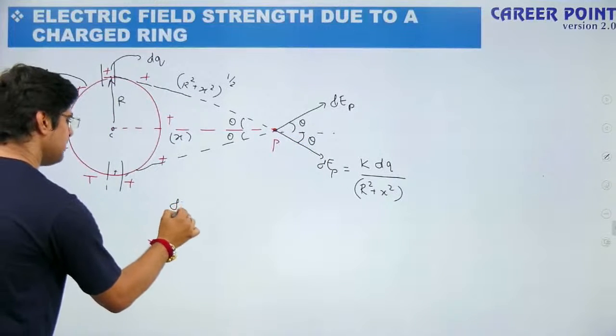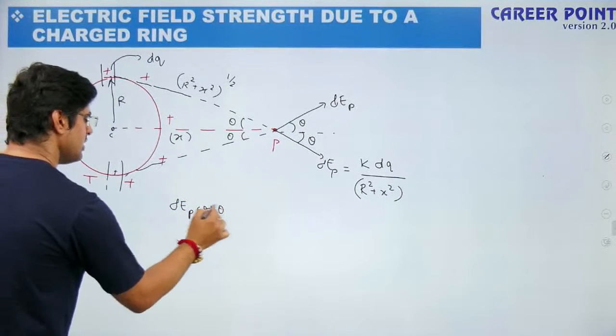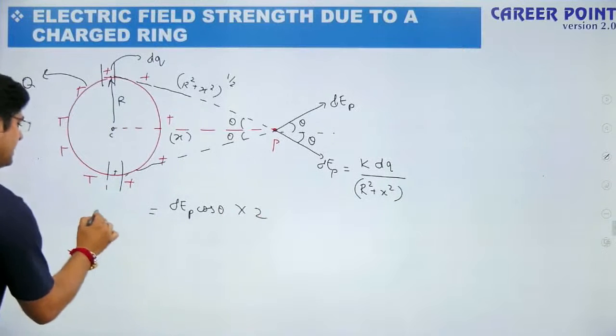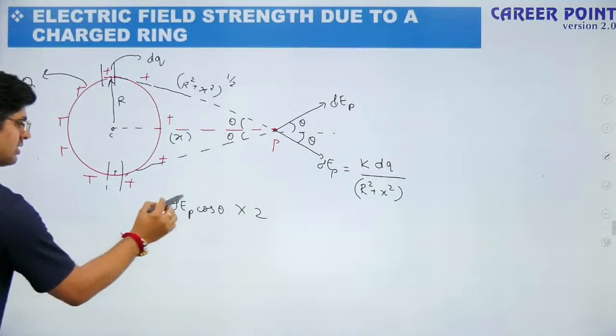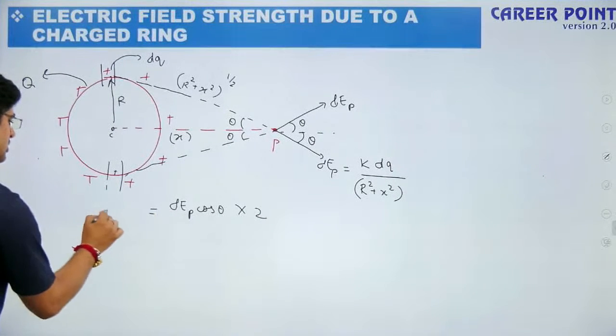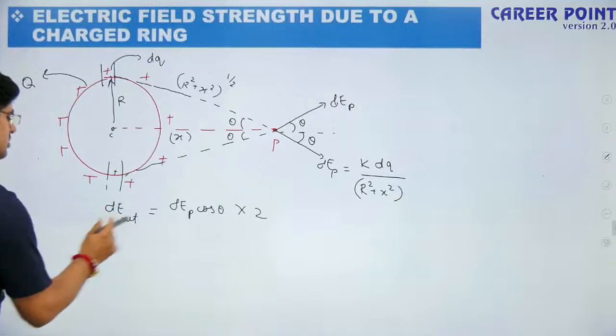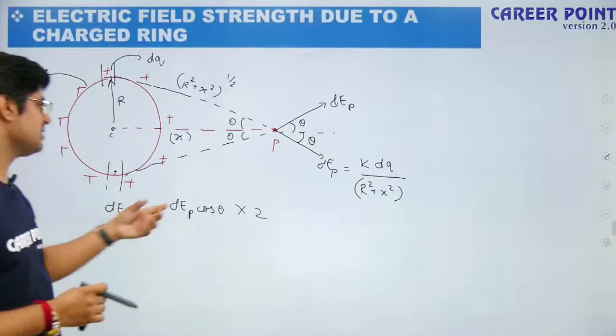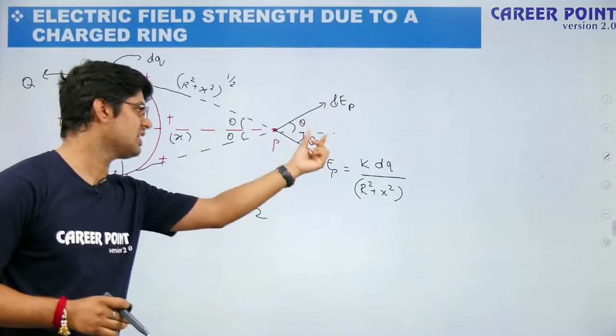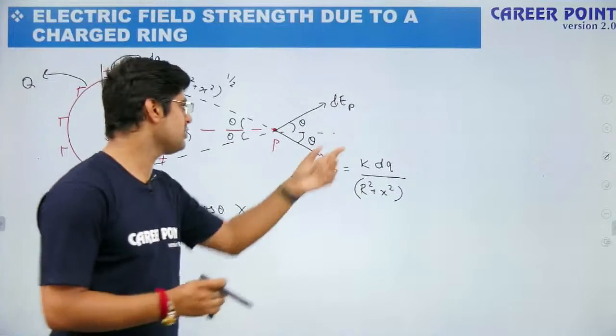I can write dEP cos theta into 2 will be the net electric field here, right? dE net. Due to both the elemental charges, net electric field will be dEP cos theta and dEP cos theta from the bottom.